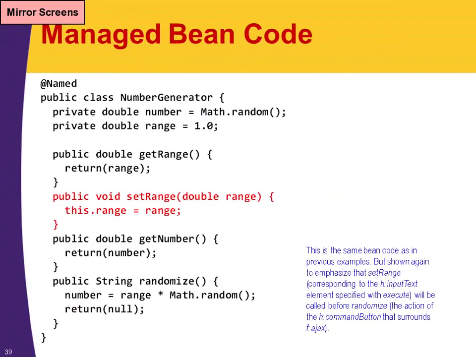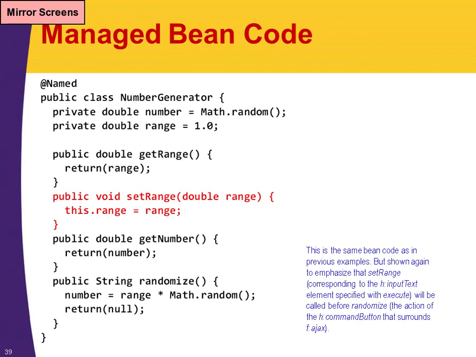In this case, we added this range property, so there's a set range. The input text widget where range is being referenced is what's causing this to execute on the server side.